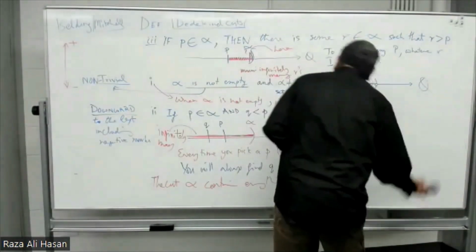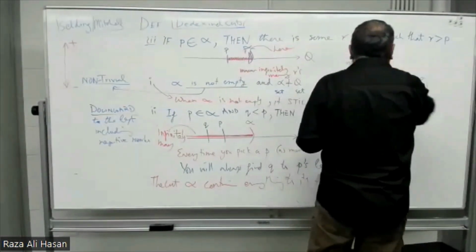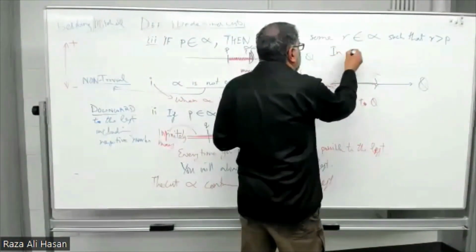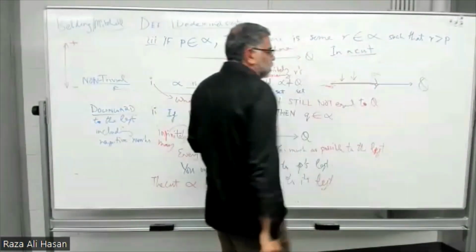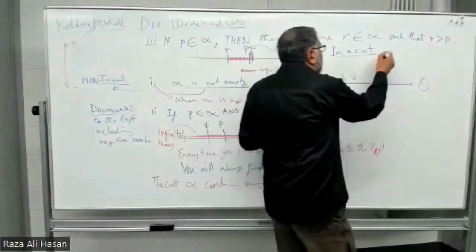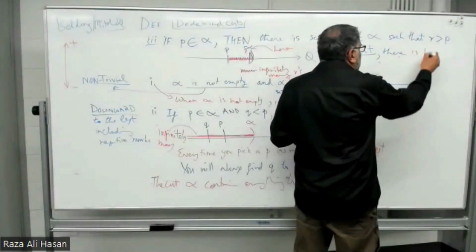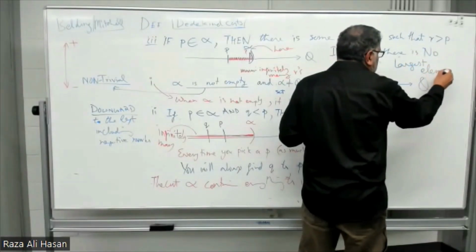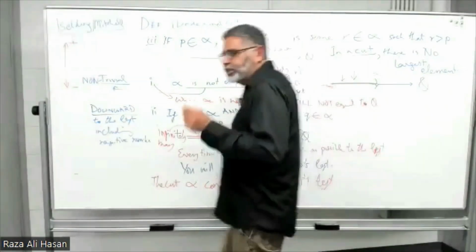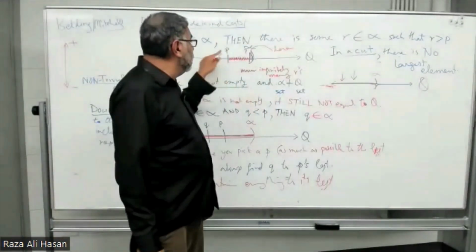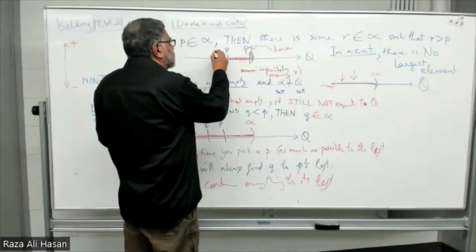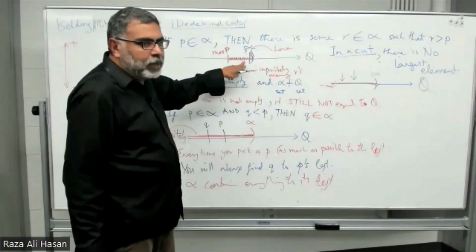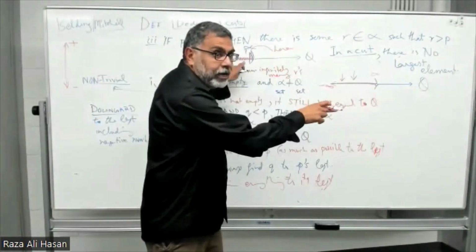In other words, you probably remember this: in a cut, there is no largest element. Because as soon as you find me, let's say this was our candidate max, as soon as you find me the maximum number, I'm going to say, look to your right.